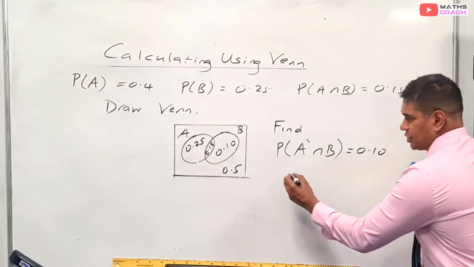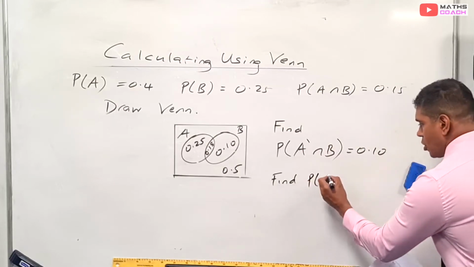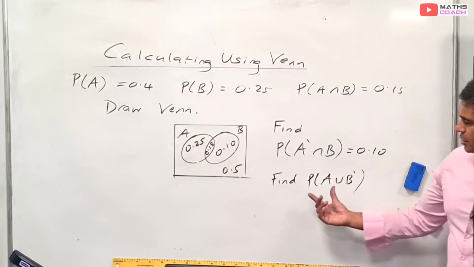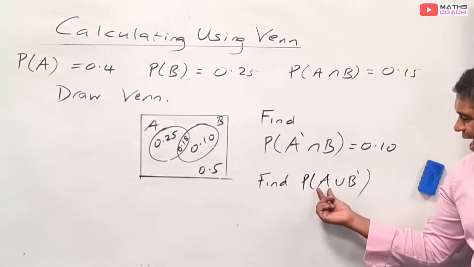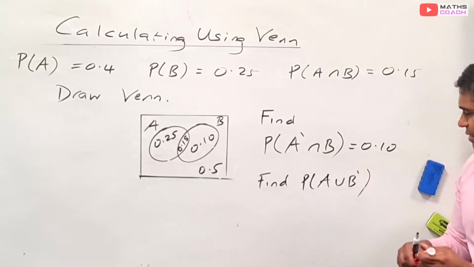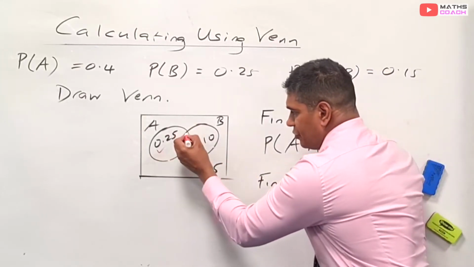Our next question would be find the probability of A union B'. Now let's think about what we learnt. A union B', I would go straight for the ticks. A means I can have these two.